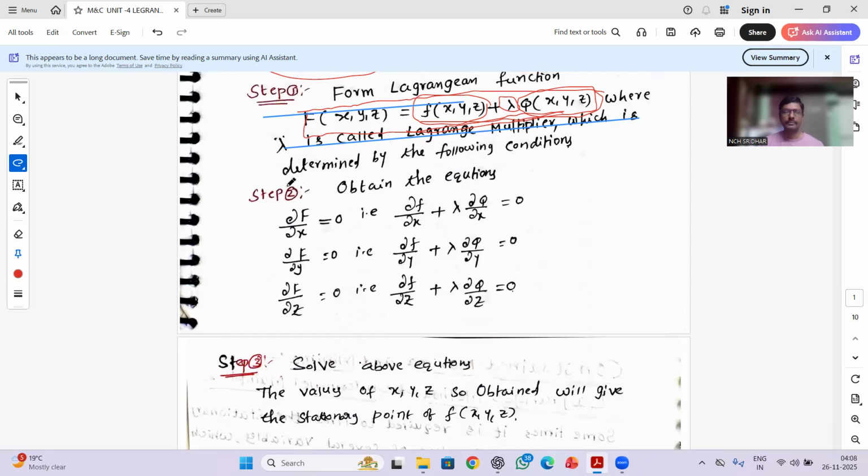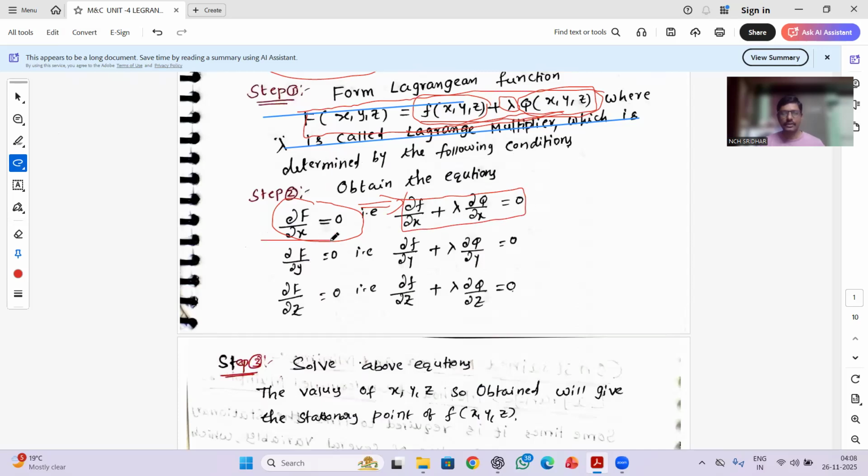Now step 2. Obtain the equations dou F by dou x is equals to 0. We need to differentiate capital F with respect to x, that is f with respect to x as well as phi with respect to x, which gives dou f by dou x plus lambda into dou phi by dou x.